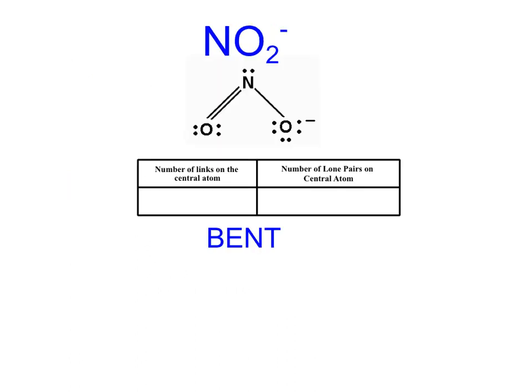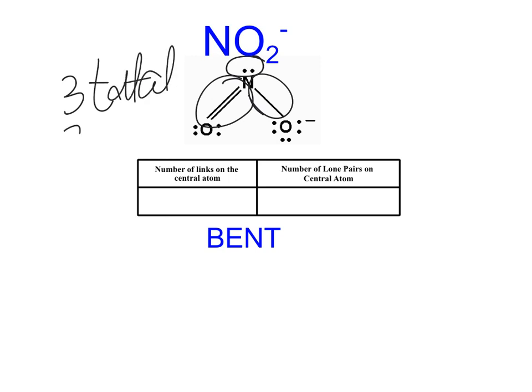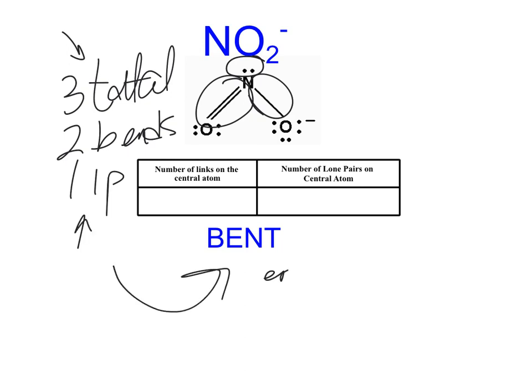Here's an example of NO2 minus. So we have our N in the center, we have 2 O's attached to it, we have 1 area, 2 areas, 3 areas total. 2 of those areas have bonds, and 1 of them has a lone pair in it. So if I look at the chart, 3 total with 1 lone pair, that spits out a bent or an angular shape.